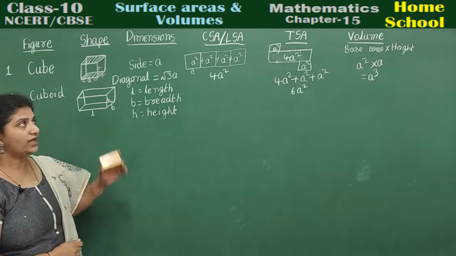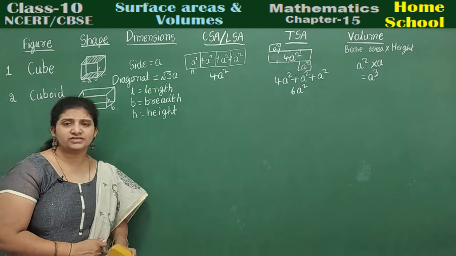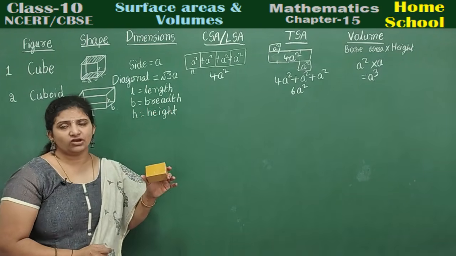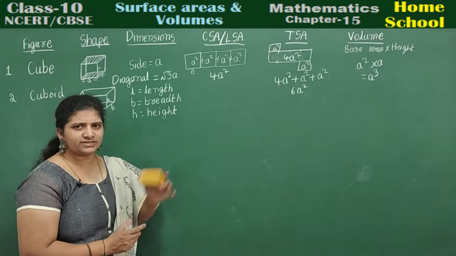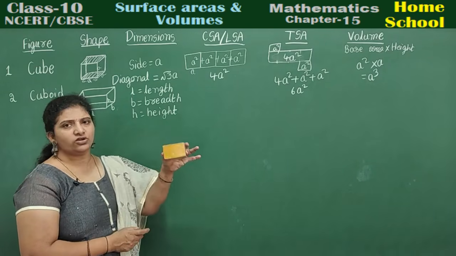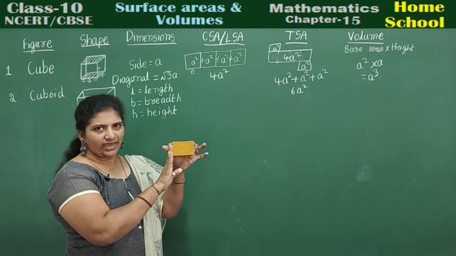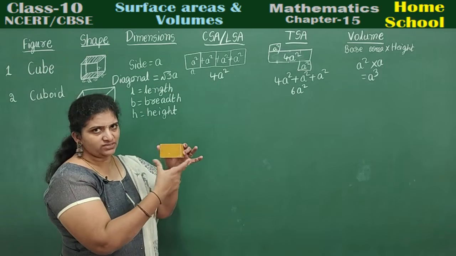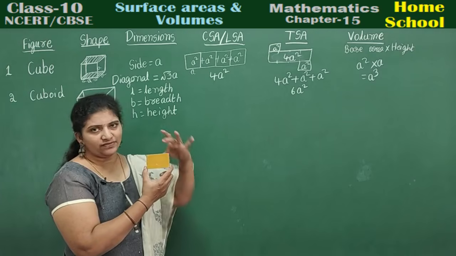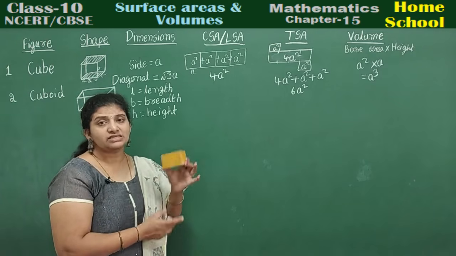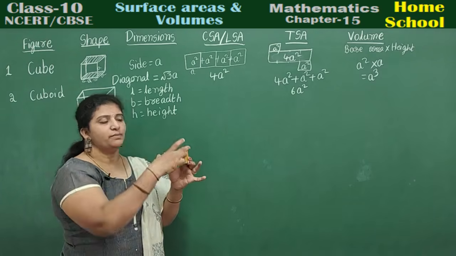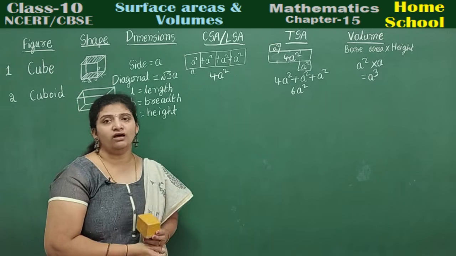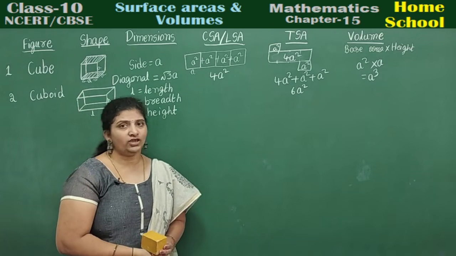Now we are going to calculate the lateral surface area of a cuboid. Look here: square face, rectangular face, square face, and also rectangular face. The sum of 2 rectangles plus 2 squares gives you the lateral surface area of a cuboid.